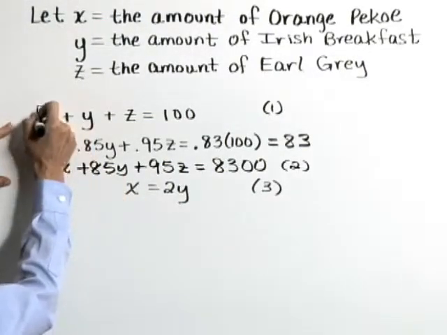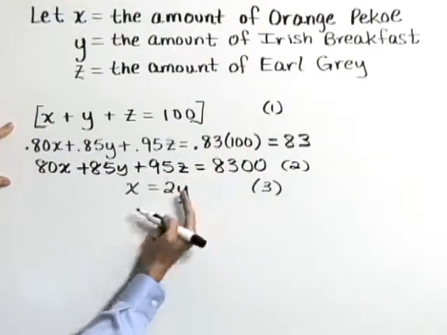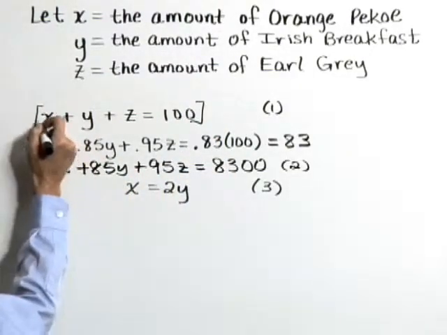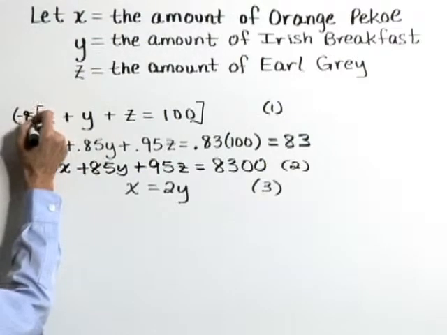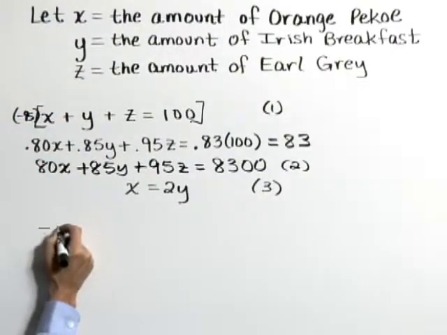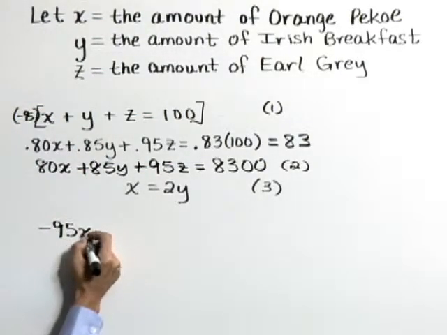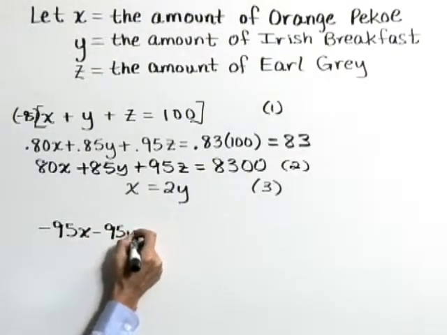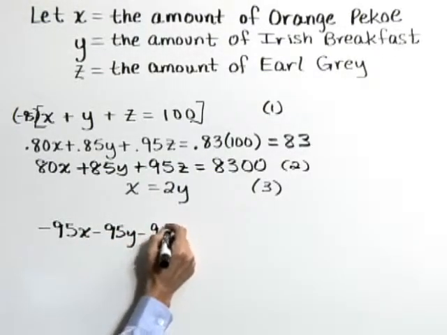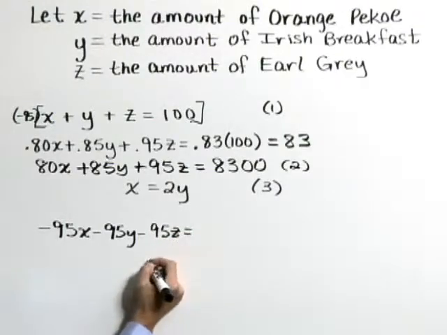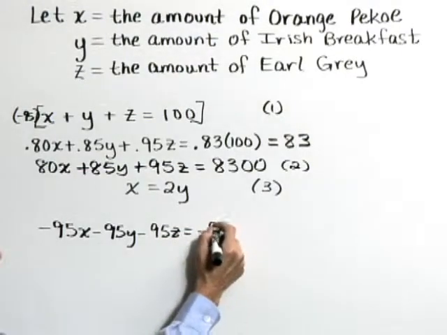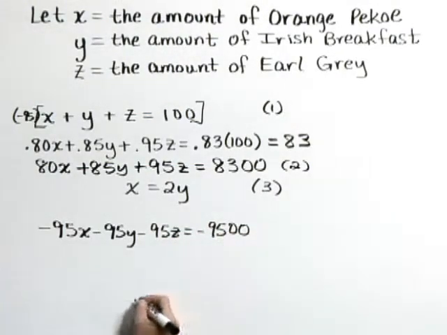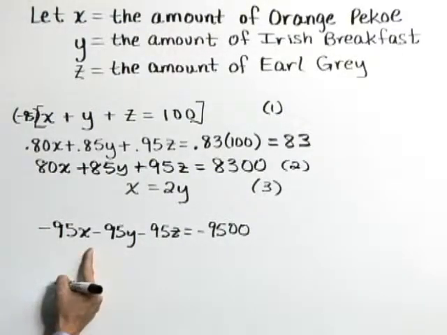Multiply equation 1 then through by a negative 95 to get negative 95x minus 95y minus 95z is equal to a negative 9,500.